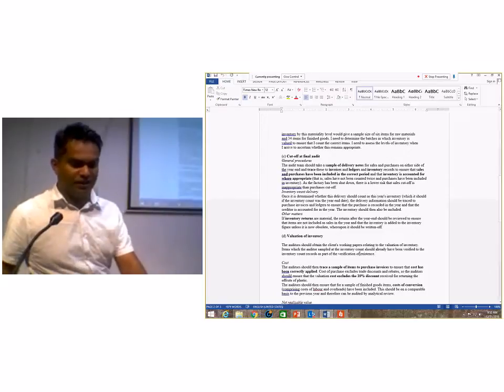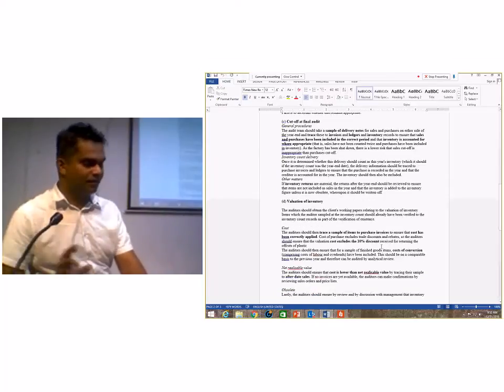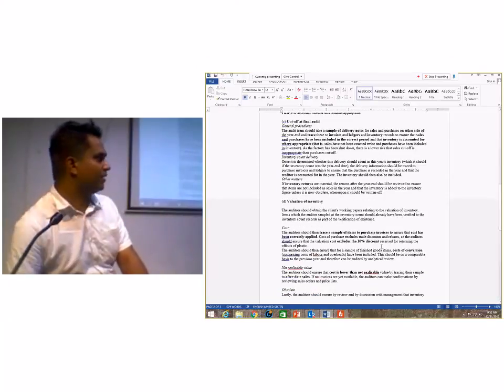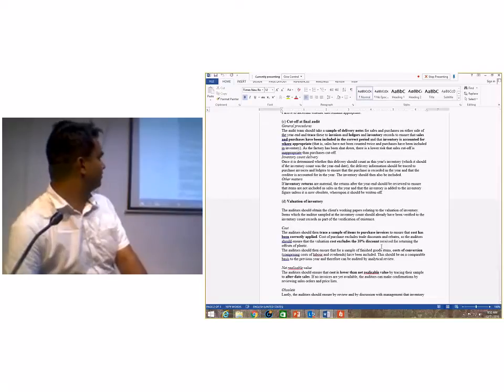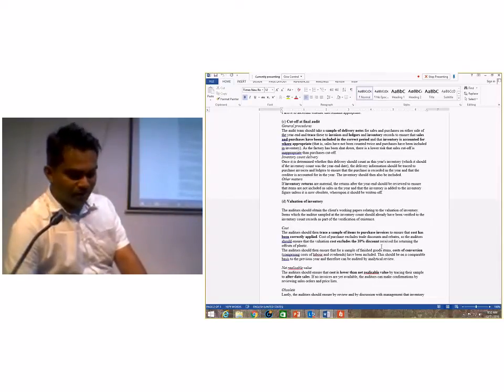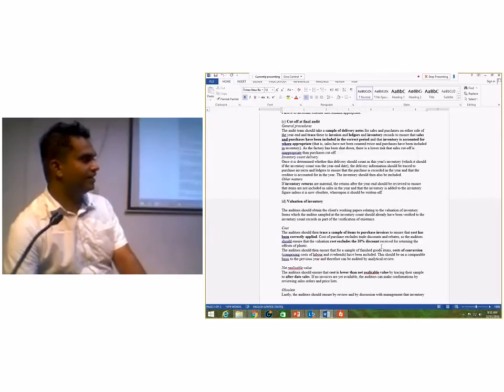Valuation of inventory is very simple and very important. As per LKAS 2, you want to make sure that inventory is valued at cost or NRV, whichever is lower. NRV you can consider with subsequent selling prices, that is, after the financial period, let's say 31st March.